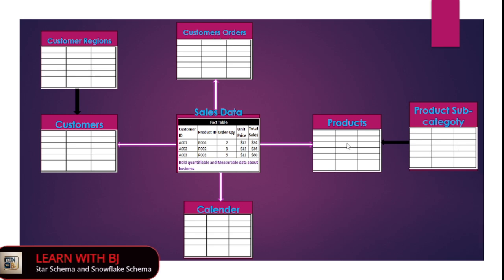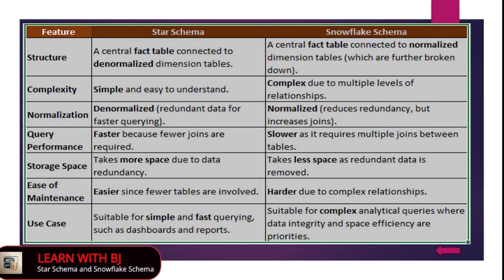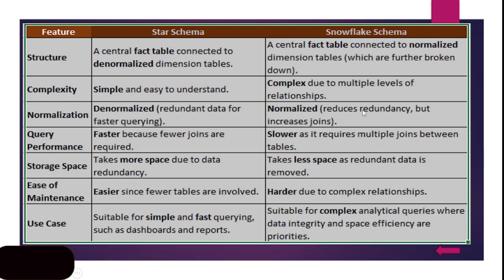So we are having many joins. That makes it normalized data, which reduces redundancies, but the joins are numerous.